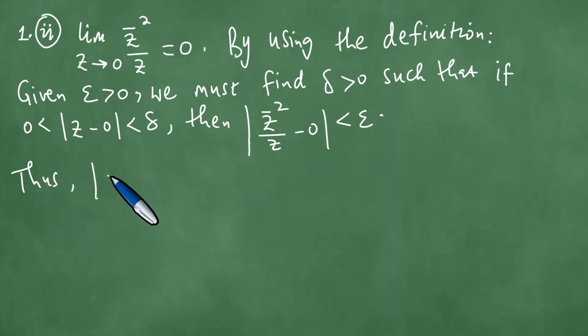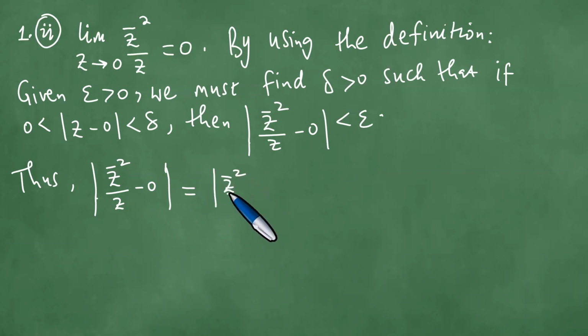Now we focus on this part, z bar squared divided by z.